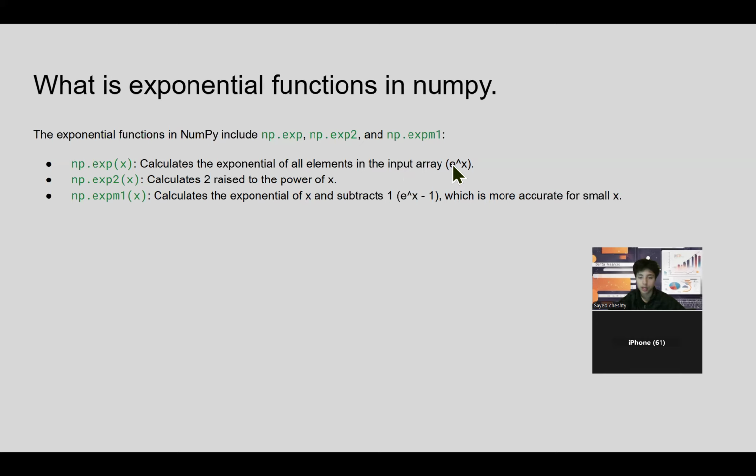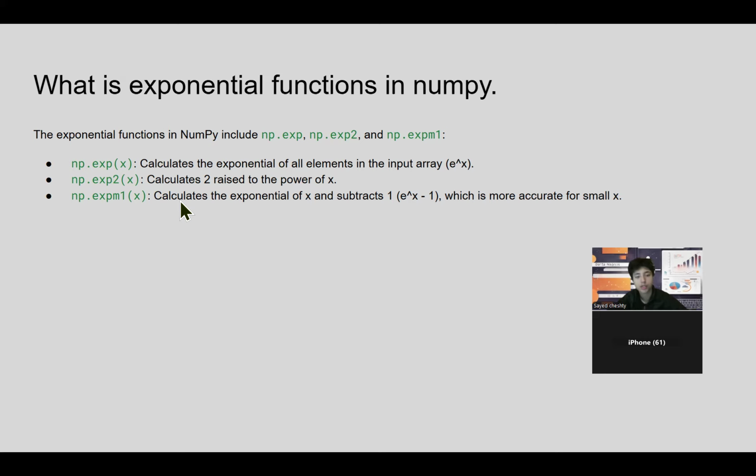So let's say 2.7 times 2.7 is about 7, and 7 times 7 is almost 49.